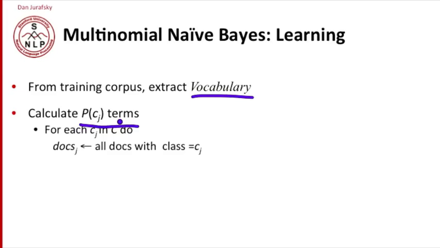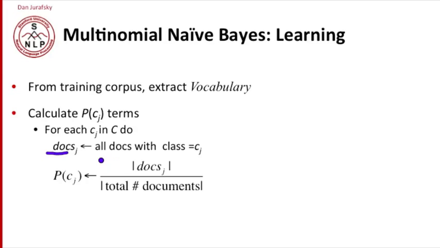We do this by saying for every class in the set of classes, we create a metadoc sub j for each class j that just combines all the docs that have that class. Now the probability of the class is just the number of documents in that class over the total number of documents. So of all the documents, how many fell into this class? That's the prior probability of the class.